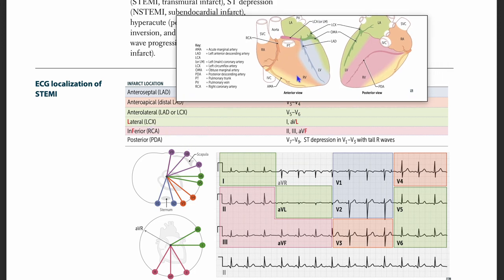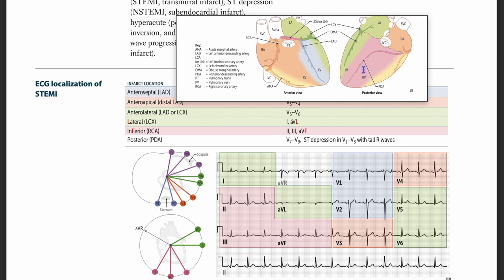Then they can ask you, okay, so they checked with angioscopy or whatever, and the thrombus is in left anterior descending artery, but the left coronary artery was found to be clear. So how did that happen, right?